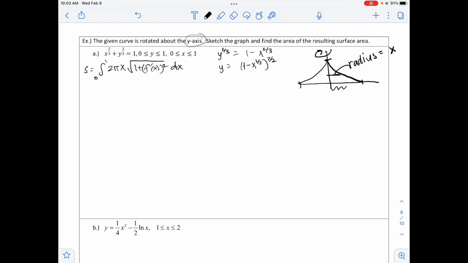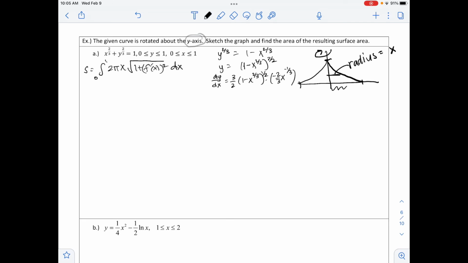And now that we have that to take our derivative, so we'll say dy dx, or f prime, is equal to 3/2 times 1 minus x to the 2/3 raised to the 1/2 power. So times, and then taking the derivative of the inside, you're going to end up with negative 2/3 x to the negative 1/3.